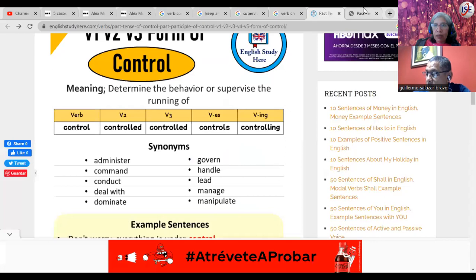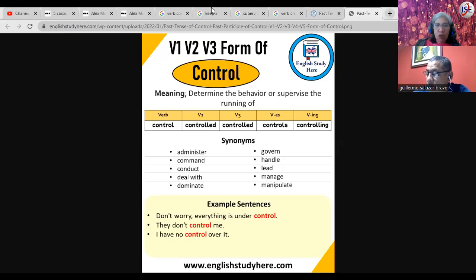And the next one is control. Determine the behavior or supervise the running. So control: supervise is for people and check is for something. Control is for people or for something. Determine the behavior of people or the running of the functioning.